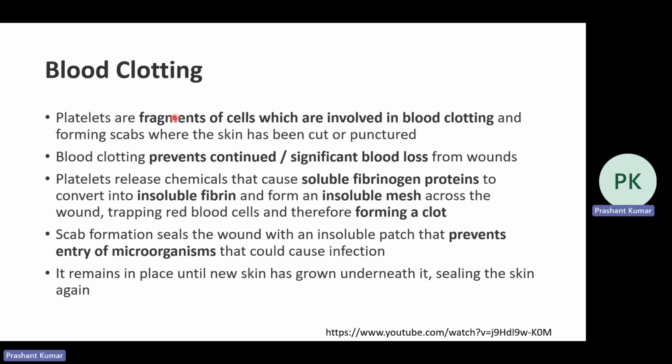The platelet releases a chemical that acts on soluble fibrinogen protein and converts it into the insoluble form, which is called fibrin. So fibrinogen is converted into fibrin first. Fibrin is the insoluble form and fibrinogen is the soluble form. Now this insoluble fibrin will make a mesh-like structure, and they trap all the red blood cells, and then later on they will form a clot.